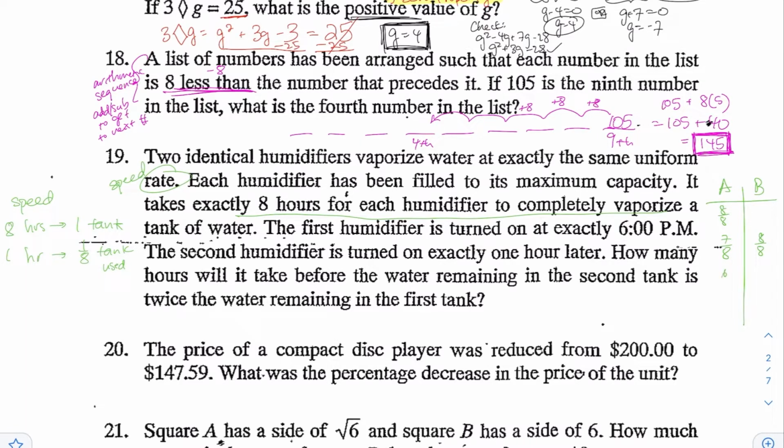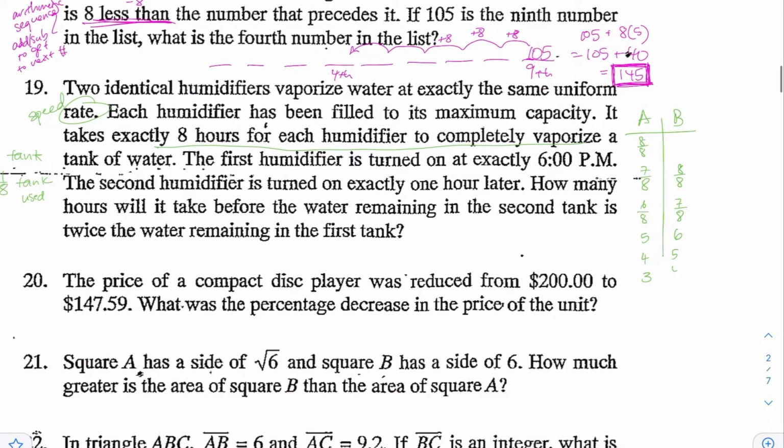And they have 6 out of 8 versus 7 out of 8. And you can see the pattern. You have 5, and then 4, then 3 with 4, then 2 with 3, and then finally 1 and 2.